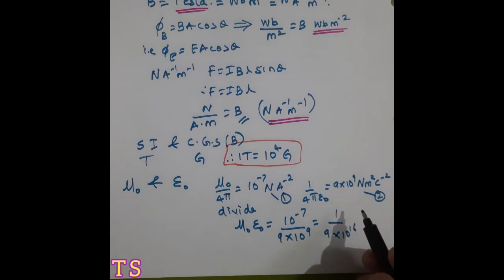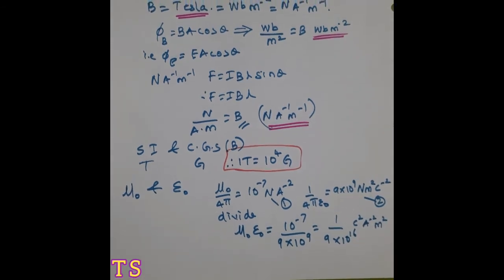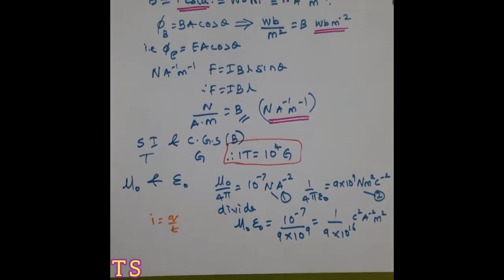What important thing to be noticed is the unit, C square per ampere square meter square. Now I know very well one relation which I can convert very easily, and the relation we know is that I equals Q by T. So this is Coulomb and this is ampere.